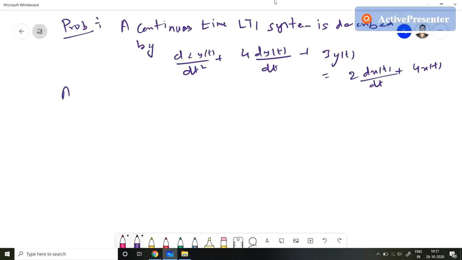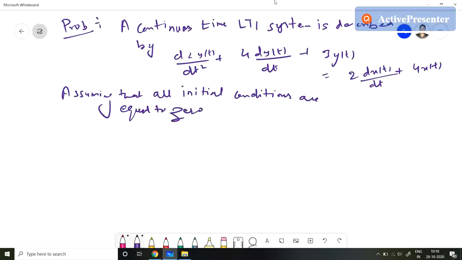It is assuming that all initial conditions are equal to 0. We need to find the response of the system. So the question is, find y(t) when x(t) is equal to e raised to the power minus 2t into u(t).